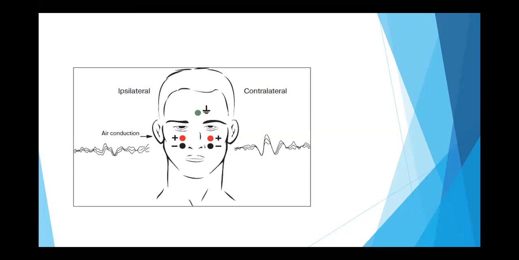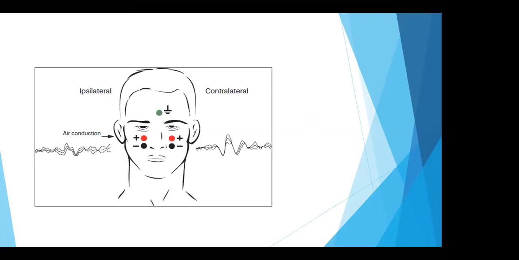Okay, so with that, we see the montage for OVEMP. Since we are recording from the inferior oblique, we are going to keep the active electrode on the orbit of the eye. Okay, fine. So when we look up, what happens actually?